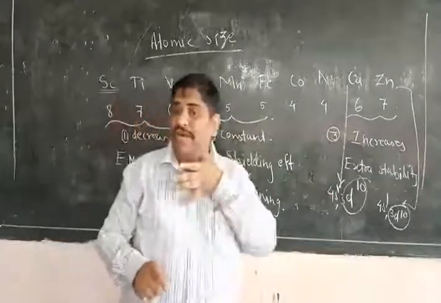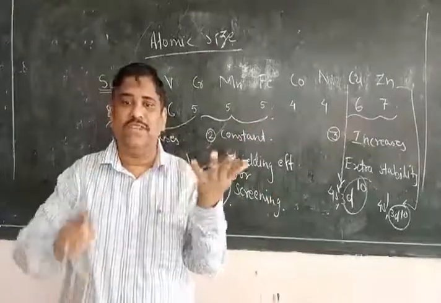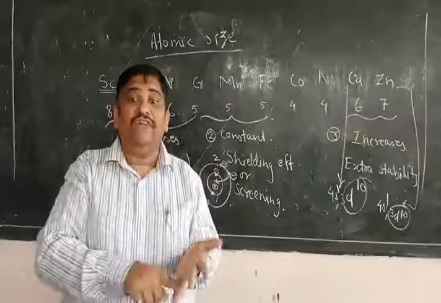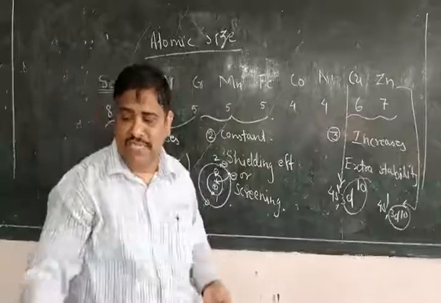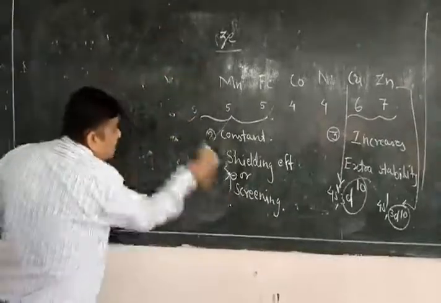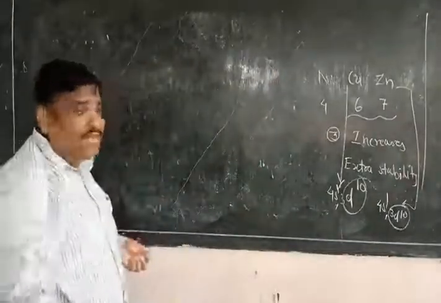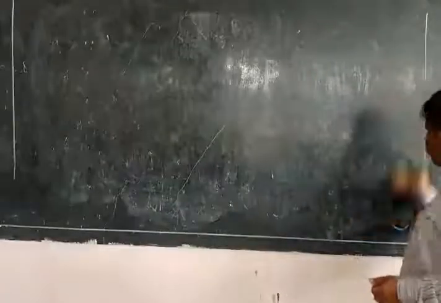Now, this is the second property that we have discussed, that is the atomic size. So, two properties we have discussed. First property, electronic configuration. Second property is atomic size. The third property we are going to discuss is the oxidation state. You know that there are elements which show different oxidation states.